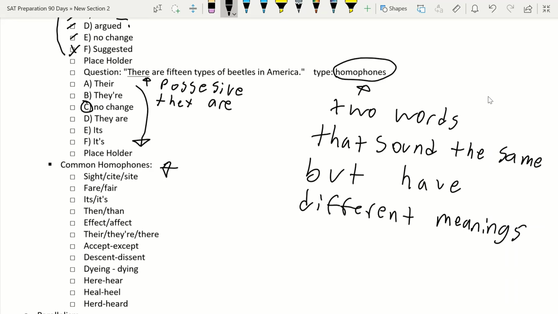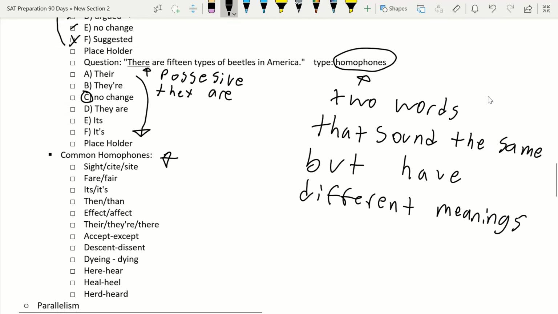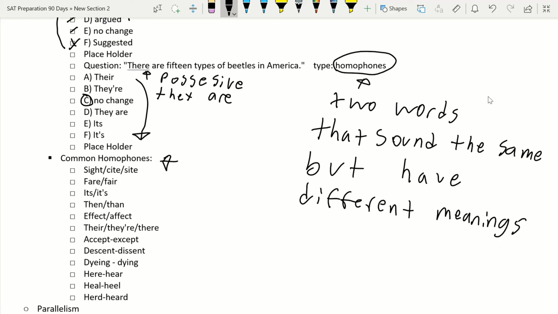That's why the apostrophe is there. It's taking off that A and putting in that apostrophe for it. So I could say they're on their way to New Zealand, right? That's they are. They are on their way to New Zealand, right? Okay, next we got no change. Next we have they are, like I said, same as there, so we can get rid of that as well. So that's how we can get rid of A, B, and D.